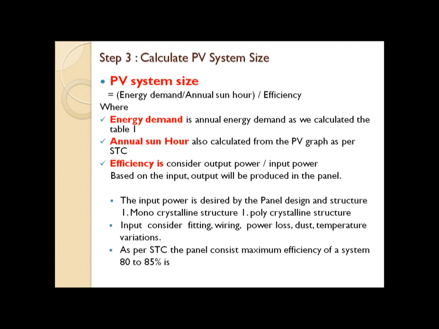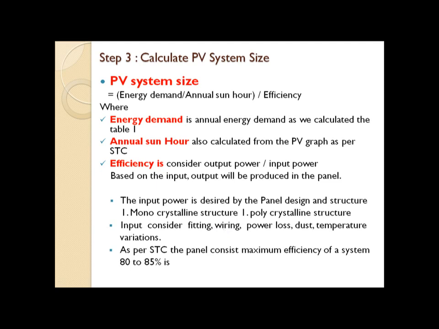Mechanical fitting depends on the rooftop or ground building, and the tilt angle is almost constant for a residential building. In this case, if the tilt is improperly set, it will affect the production rate. Then wiring: when connecting the solar panel to the battery, to the inverter, to the load, the wiring has some losses.